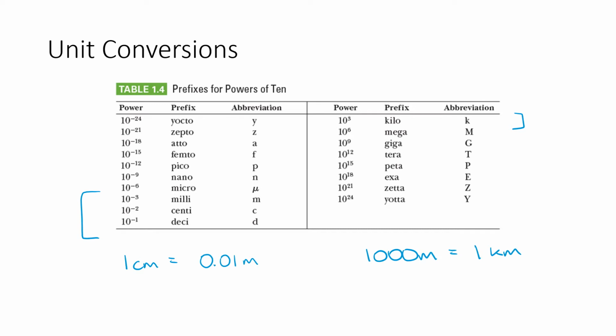So there's going to be 1,000. So 1 kilometer is just 1,000 meters. All right.